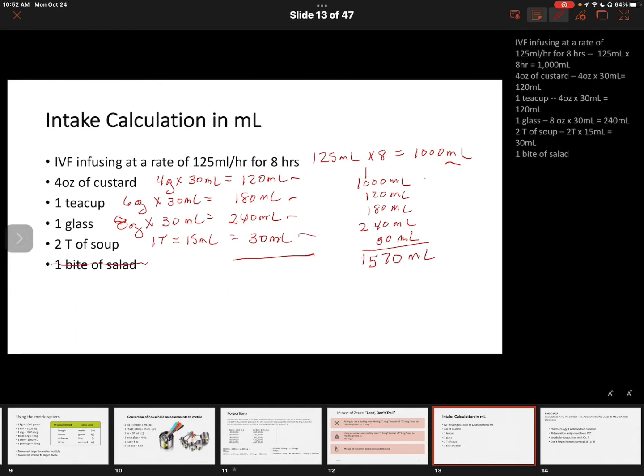So it looks like I have a total of 1,570 milliliters of intake recorded for the patient.